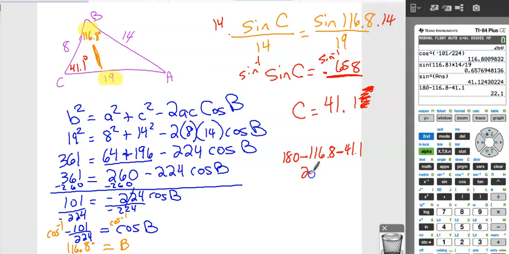And notice I got 22.1 degrees. So I solved all three angles, and I have all three sides. So everything's solved for, and that's using the law of cosines.